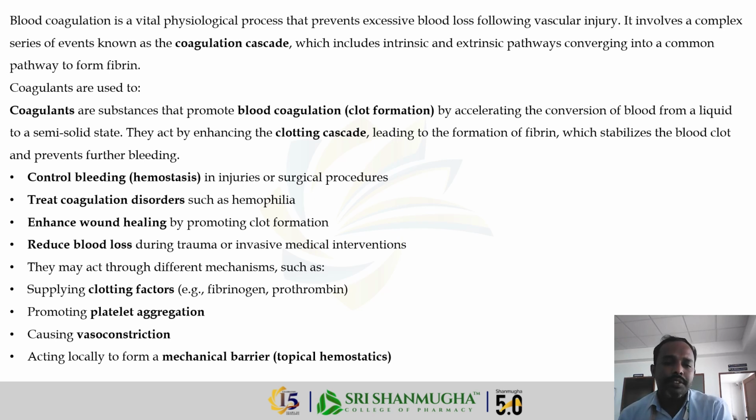They may act by different mechanisms like supplying clot factors, promoting platelet aggregation, causing vasoconstriction, or acting locally to form a mechanical barrier. Examples are topical hemostatics. These are the general aspects of coagulants that we have to remember while studying this topic.